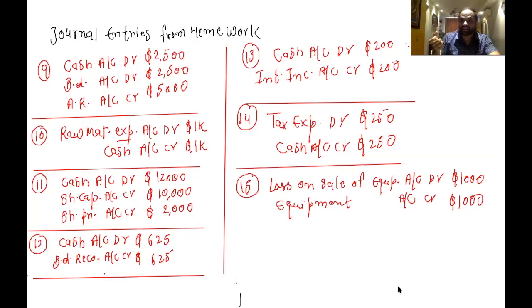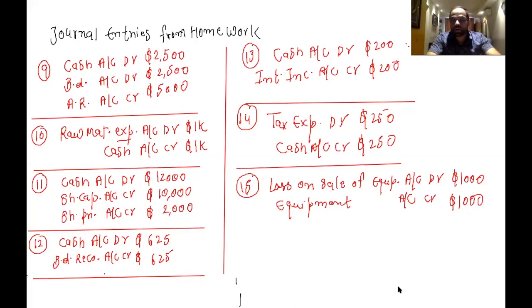Car is assets. If assets value reduces, it will be credit. That's why car credit. Same thing happened in number 15. You sell equipment, equipment reduces, so equipment credit.